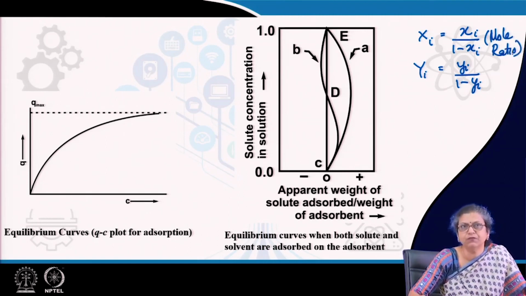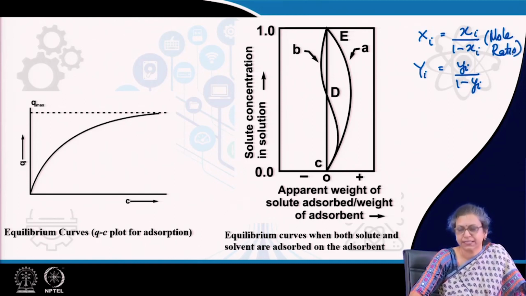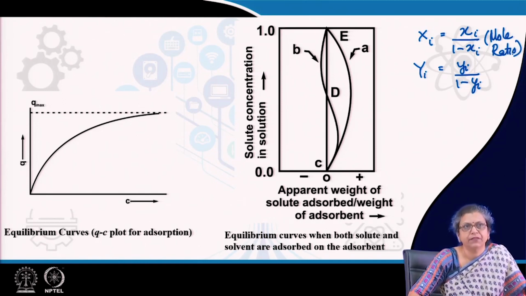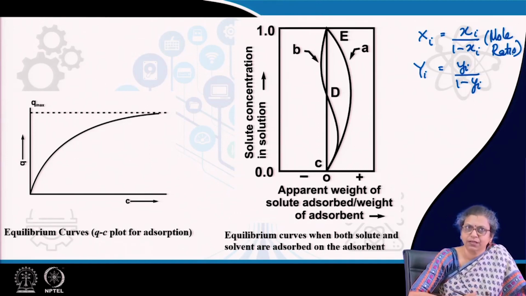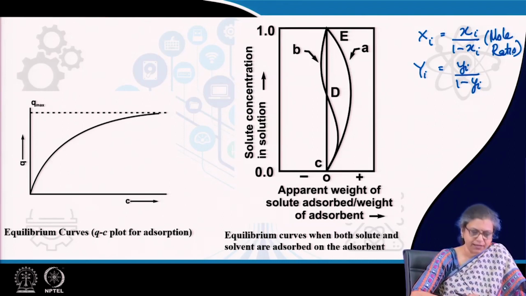The advantage of using capital X_i and capital Y_i is that this very often leads to linear plots, and that is definitely quite an advantage for us.